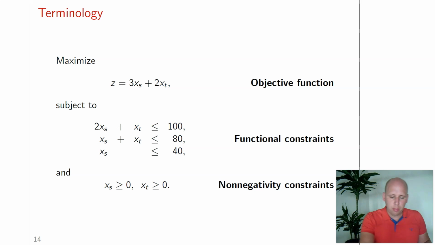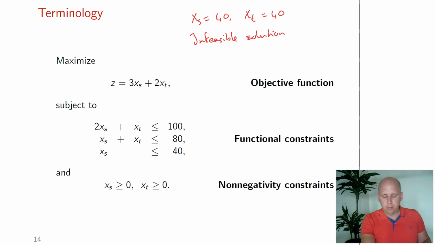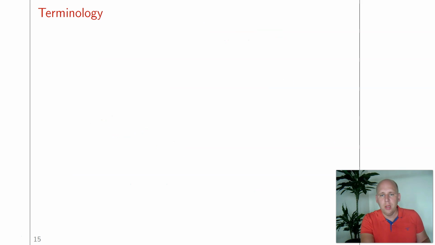So here as an example, if you specify, for instance, XS is equal to 40 and XT is equal to 40, this is a solution because it's a specification of the decision variables, but it's an infeasible solution. It's infeasible because if we plug in 40 for XS and also 40 for XT, then this left-hand side will be 120, but it should be smaller than or equal to 100. So that's why this is an infeasible solution.